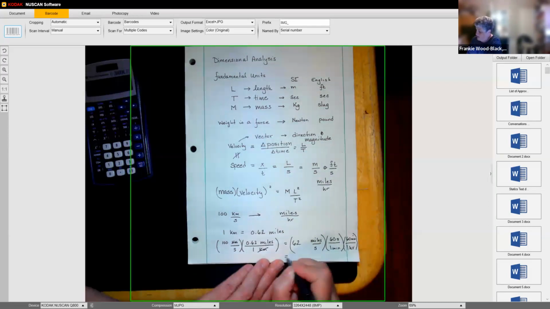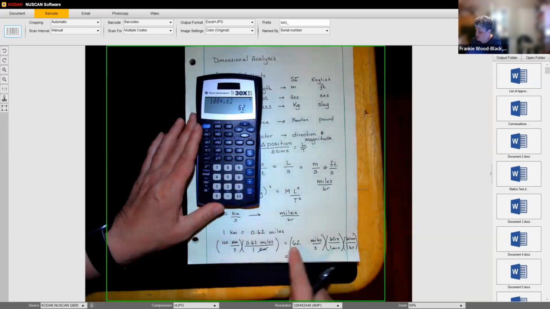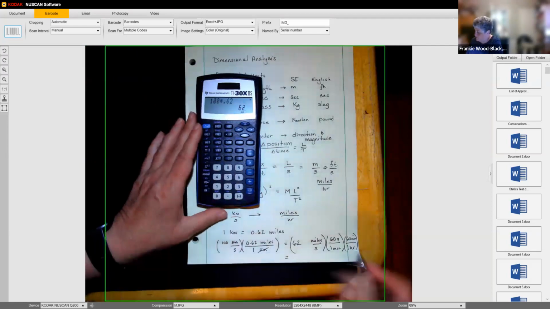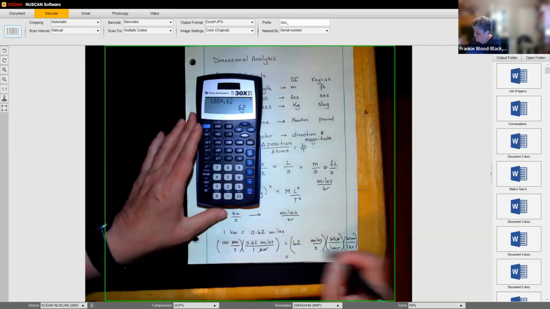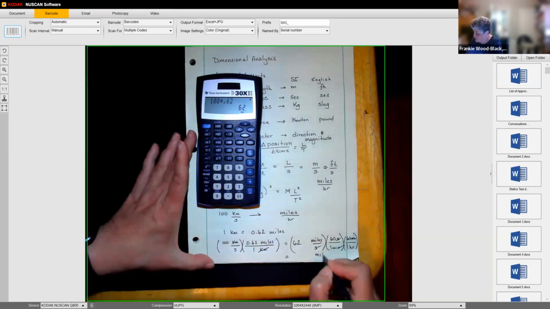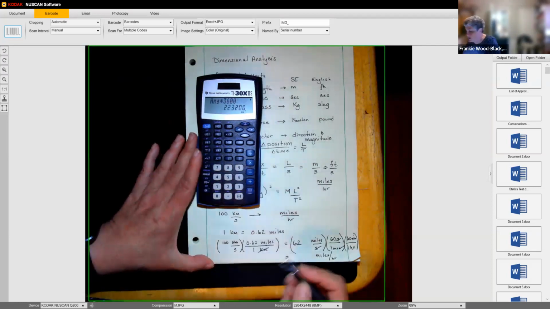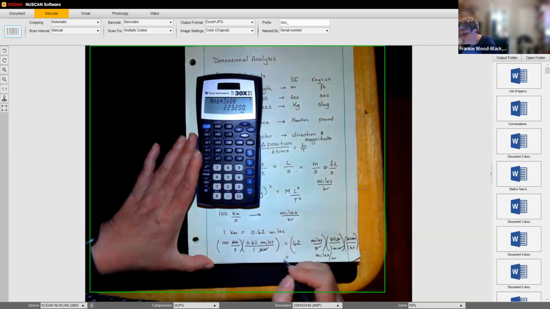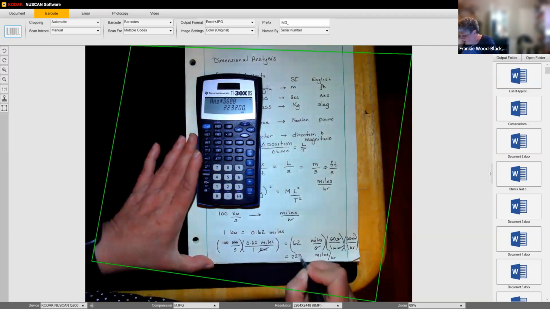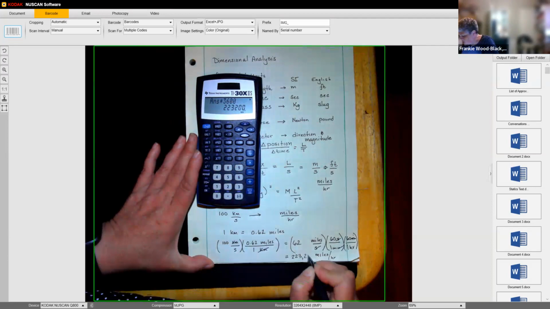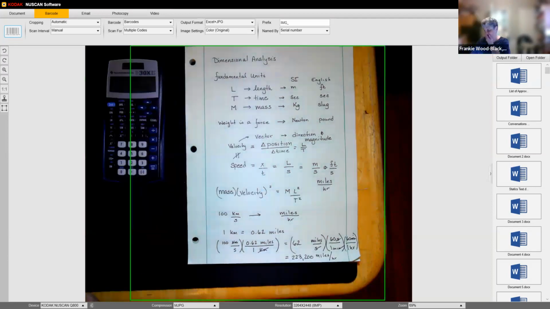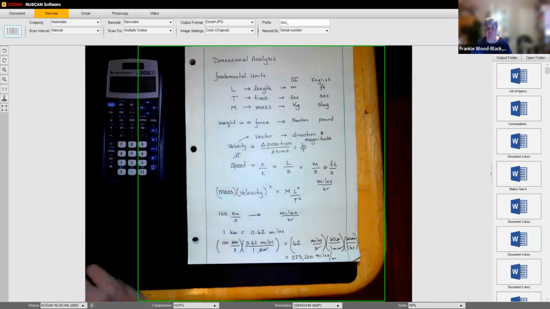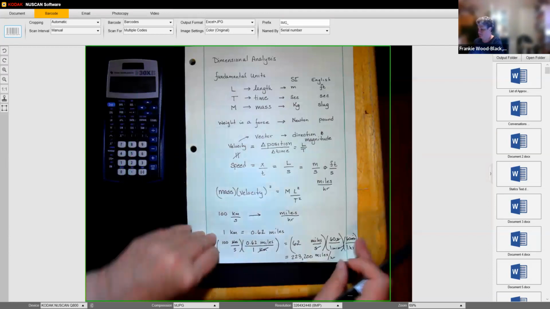So now I'm going to get my 62 miles per second. Those will cancel, minutes will cancel. Now I'm left in miles per hour. And that means I'm going to get 223,200 miles per hour. So the unit analysis is just verifying that my units make sense.